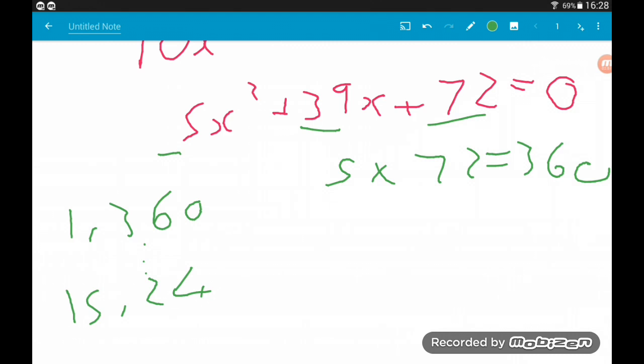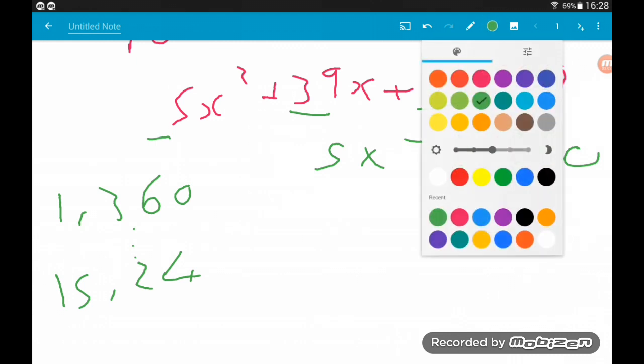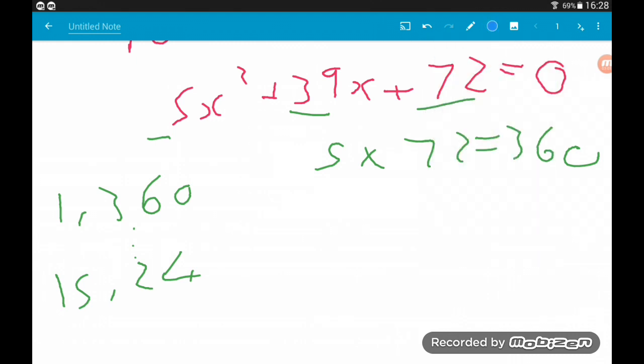So 15 times 24 is 360, and 15 add 24 is 39. So I honestly think we've reached the point here as to why this question is worth 5 marks. This is not a nice quadratic to factorise and then solve.